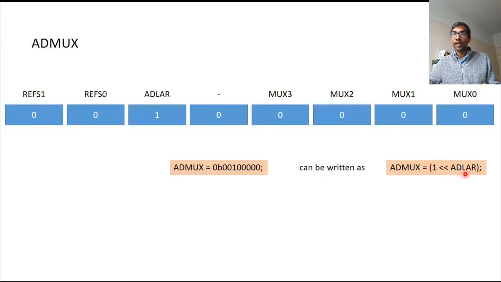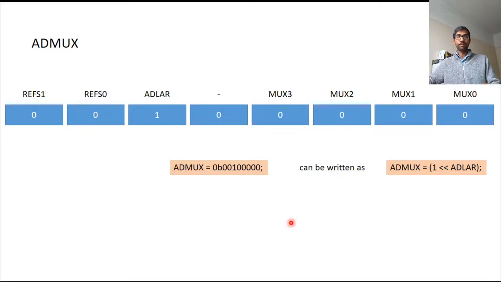What you're telling the microcontroller is, put a 1 into ADLAR, which is in ADMUX. Or another way to say it is shift 1 to this position, and then whatever you get, you put it in ADMUX. So this is an alternative way of writing this code.